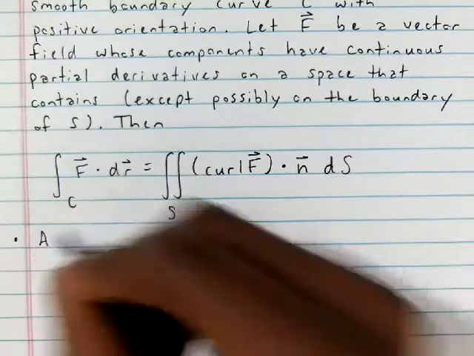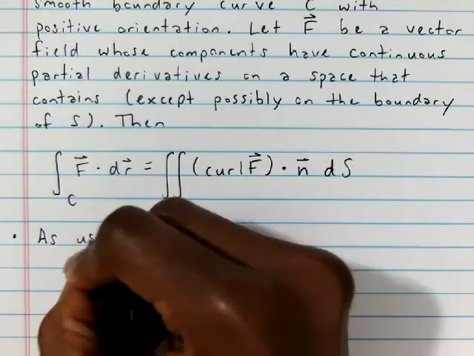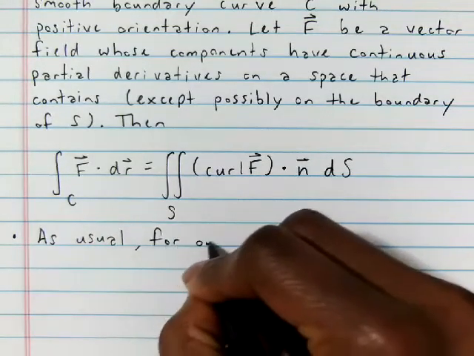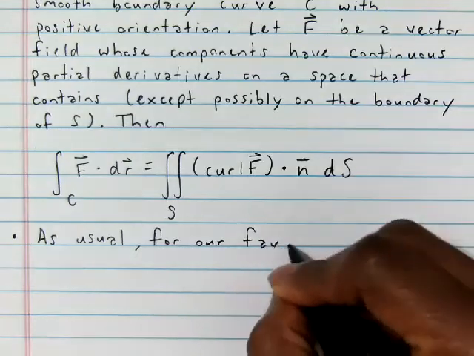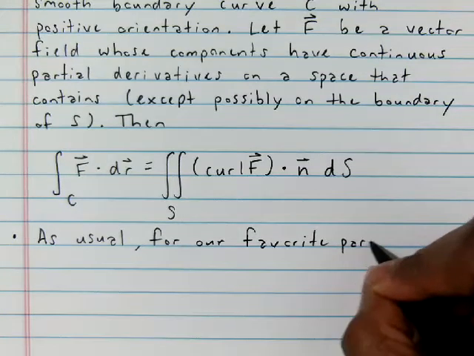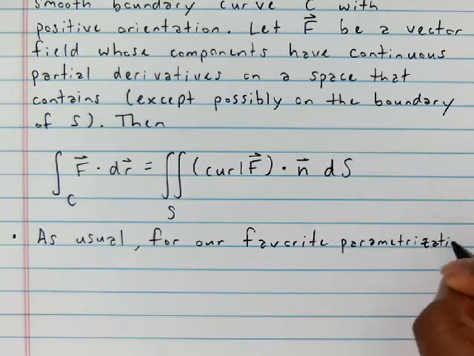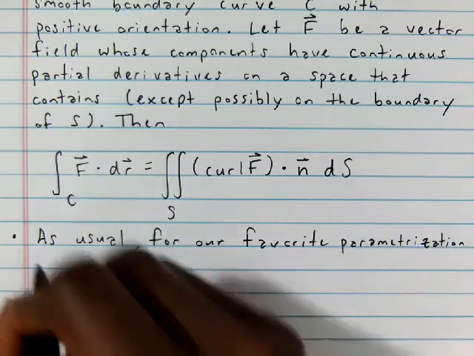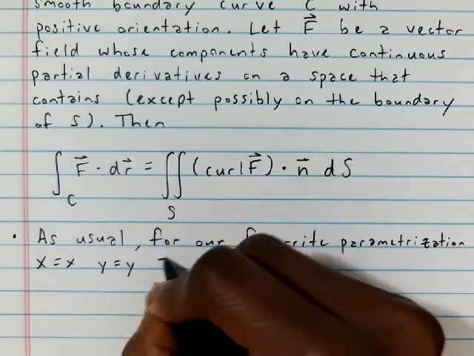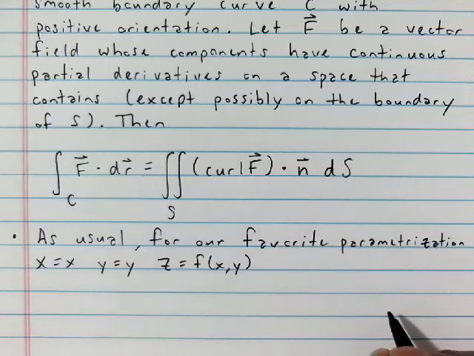So as usual, for our favorite parameterization, x equals x, y equals y, z equals f of x, y.